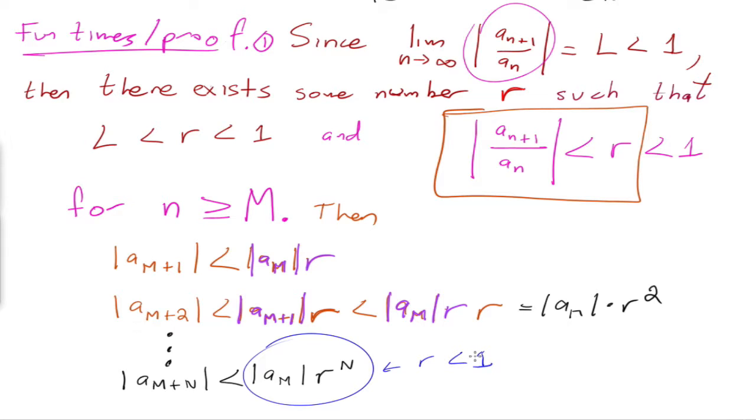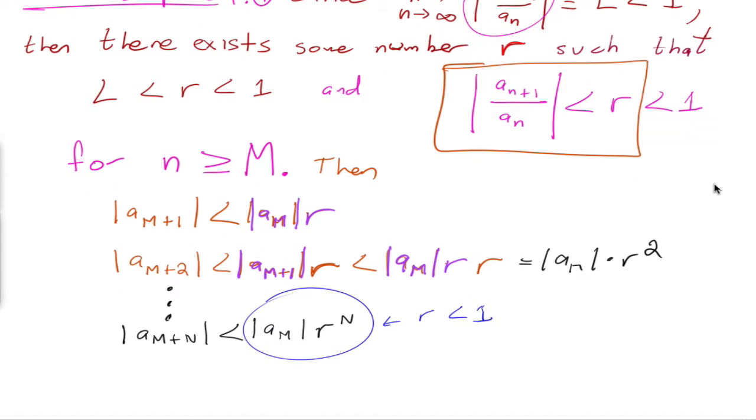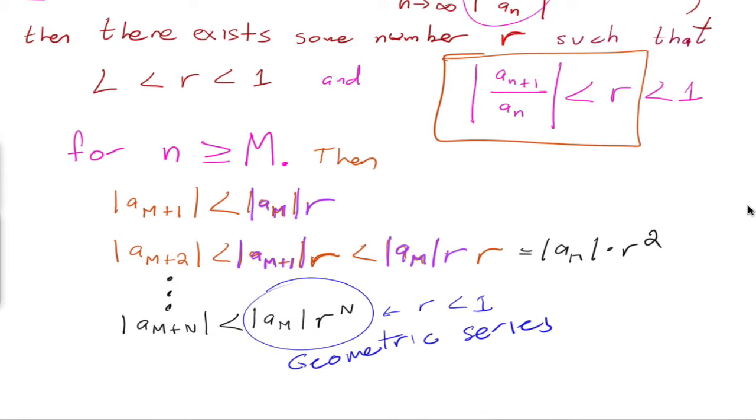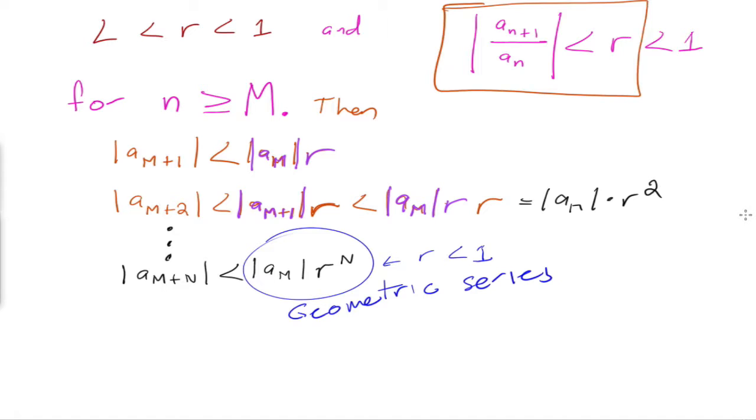And since r is less than 1, this on the right side defines a geometric series. A convergent geometric series. And our series is less than that convergent geometric series. So that means that our series is going to converge, right?